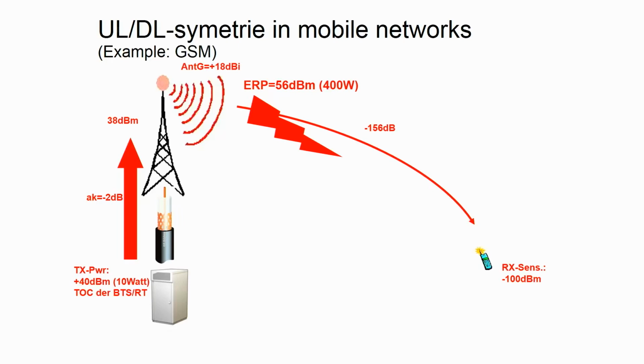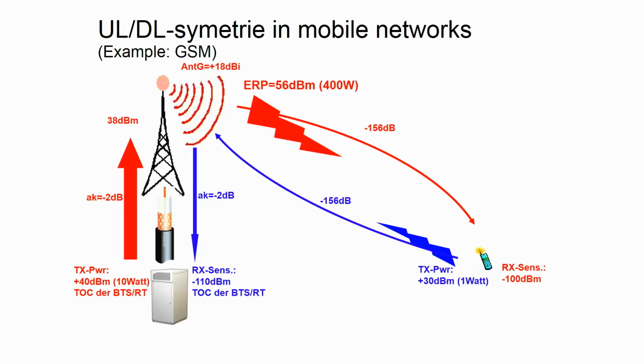It's not possible with GSM because after 30 kilometers we have time delays, and the mobile device sends back with 156 decibels attenuation on the way, with the same antenna gain, also through the same cable to the base station, and it ends up there with maybe 1/10 of a power.